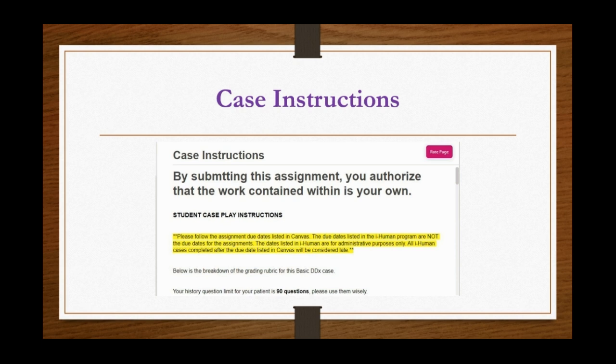Now, your history question limit for your patient is 90 questions. Please use them wisely. These are the questions that you have to ask the patient to determine the actual differentials or the diagnosis that you can use to draft.